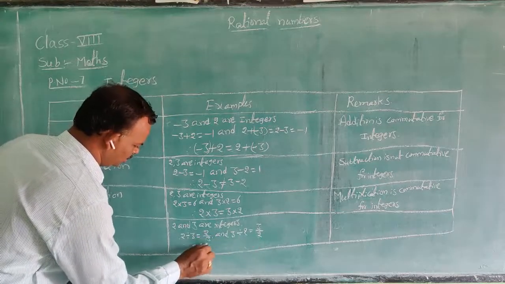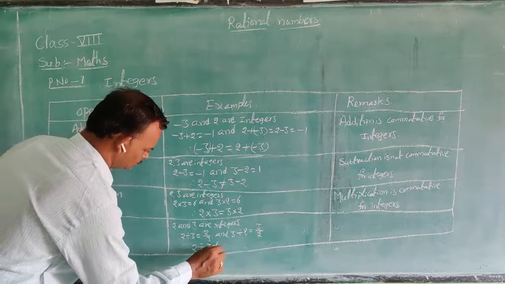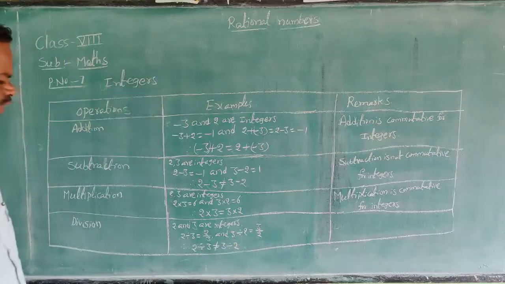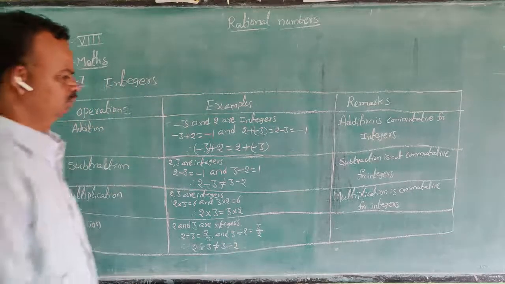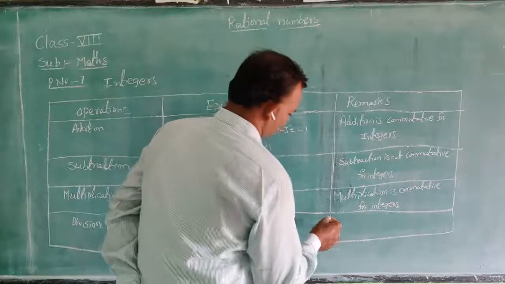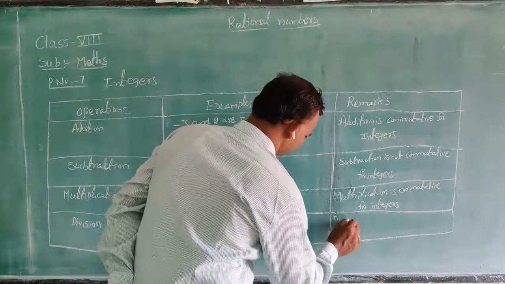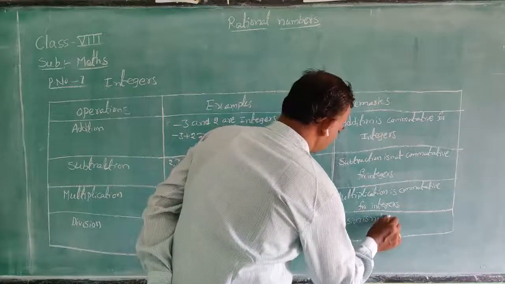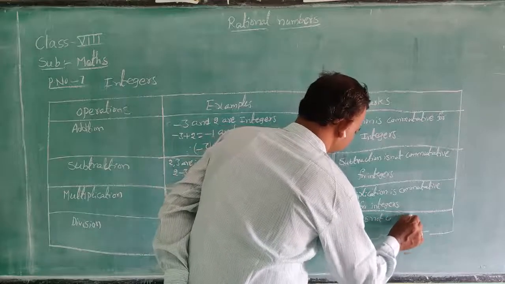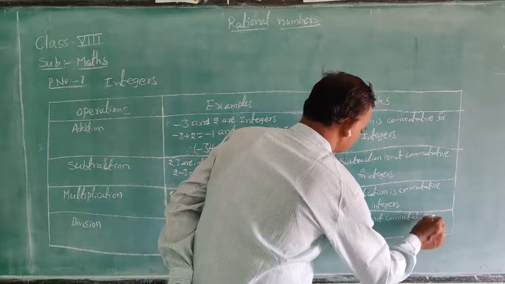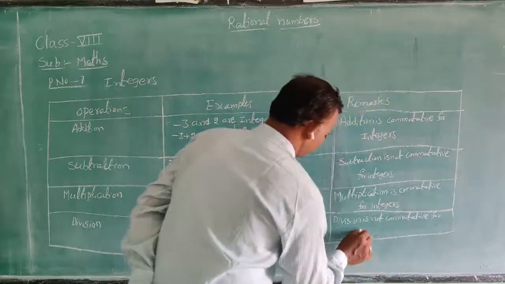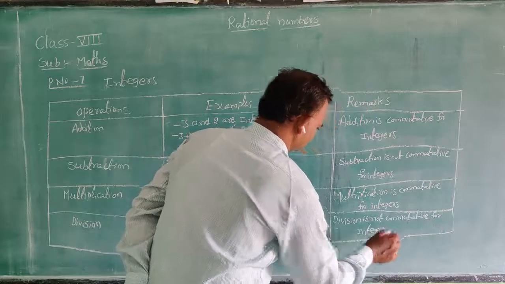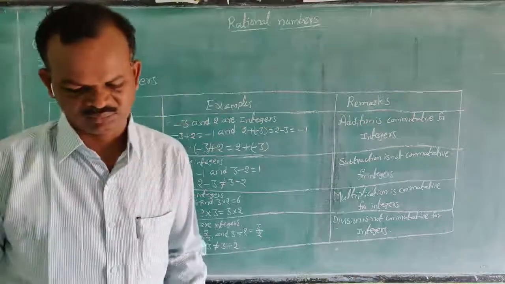Therefore, 2 divided by 3 is not equal to 3 divided by 2. Therefore, division is not commutative for integers.